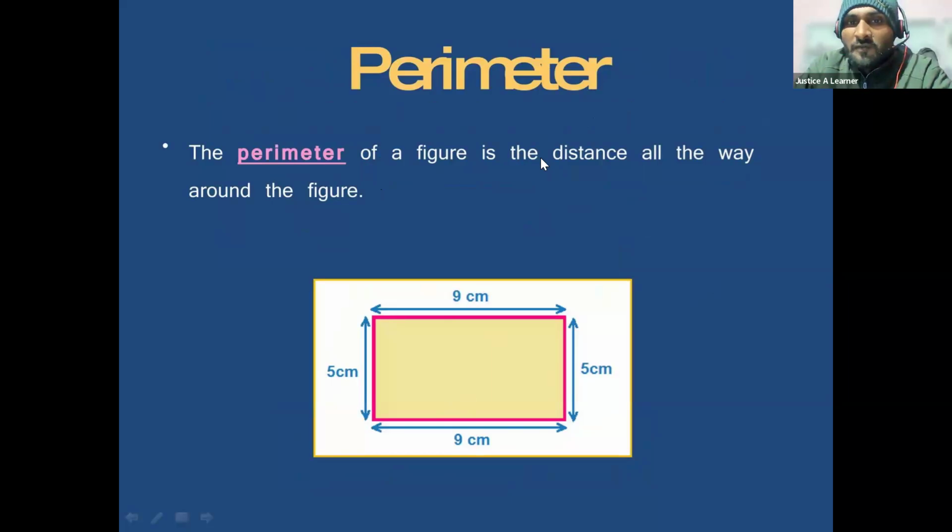The perimeter of a figure is the distance all the way around the figure. You may note it down. What is perimeter? The perimeter of a figure is the distance all the way around the figure.